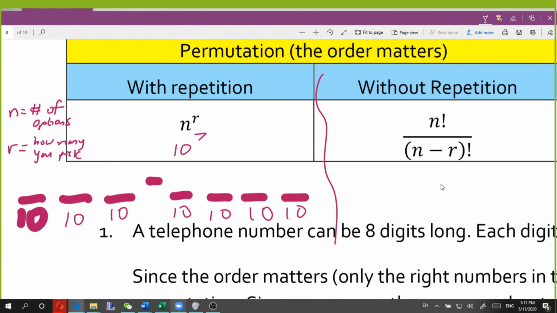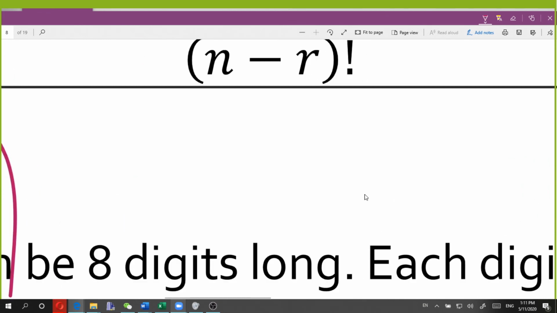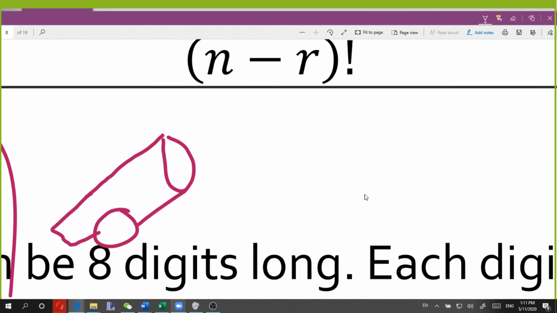Okay, for permutation without repetition, we stole an example from mathisfun.com last time, I think, where we had a cannonball, or massive cannon, rather, where we were firing all of the balls in a pool set.